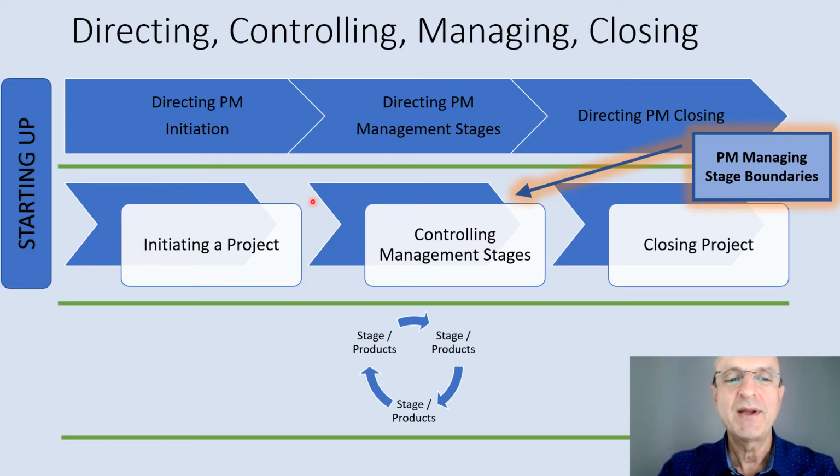We then also have the process of initiating a project. Then we have controlling of the project or controlling within the management stages. And the logical one then is closing of the project. Stuck out over here is the managing of the stage boundaries. And down here would be the managing of product delivery.